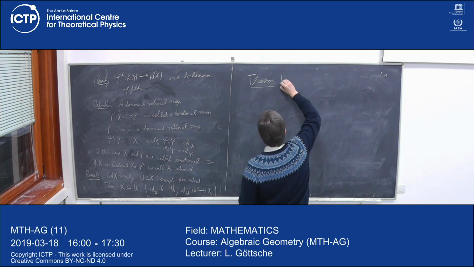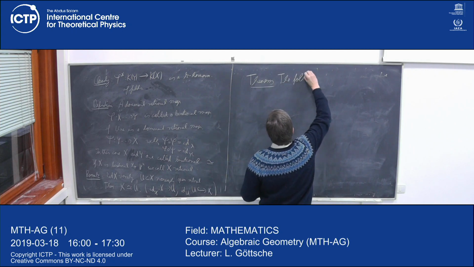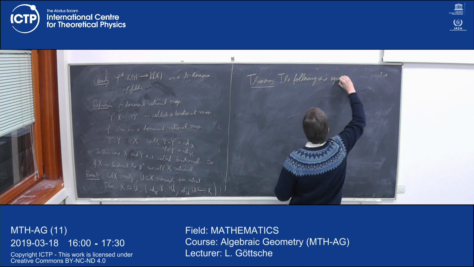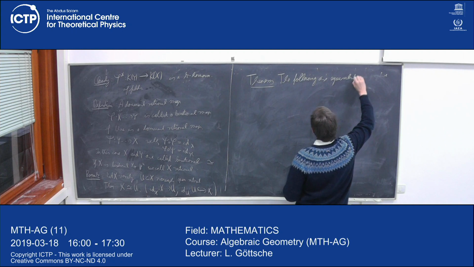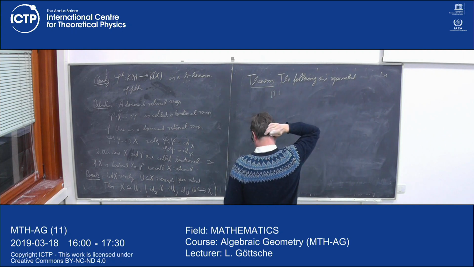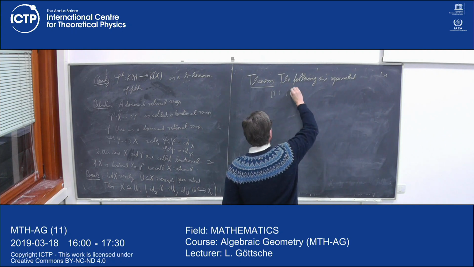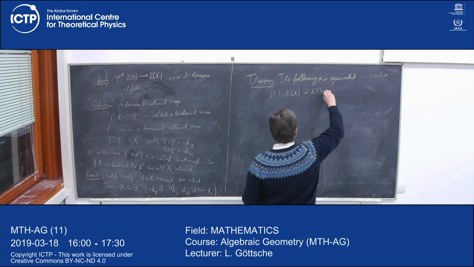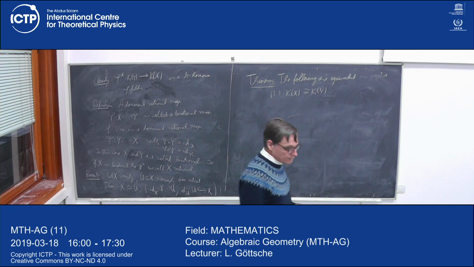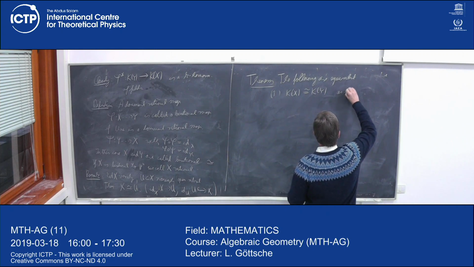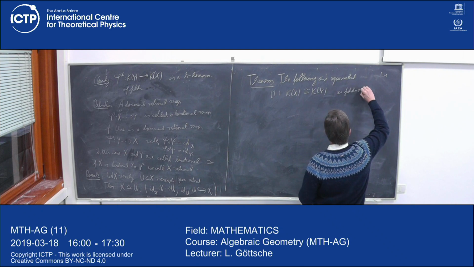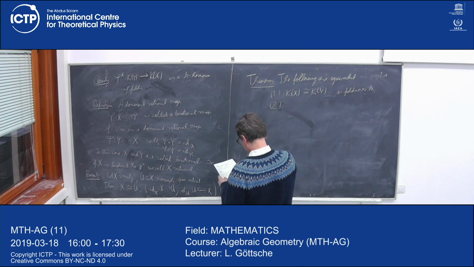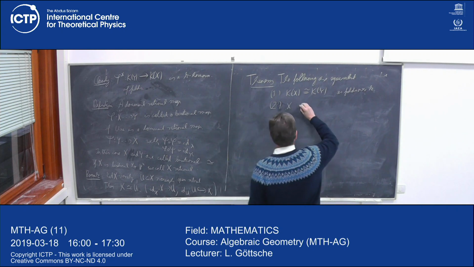The following are equivalent. First, K(X) is isomorphic to K(Y) as fields over K. Second, X and Y are birational.